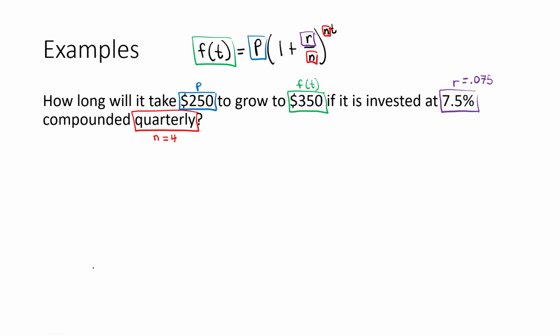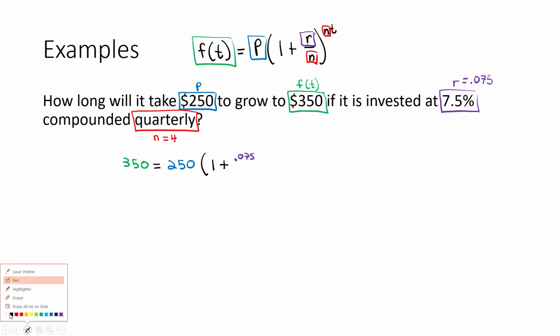So if we plug all that into our formula, F of T, the 350, is going to equal the principal or starting amount of $250 times 1 plus R, the interest rate, which is 0.075, divided by N, the number of compounds, which is 4.